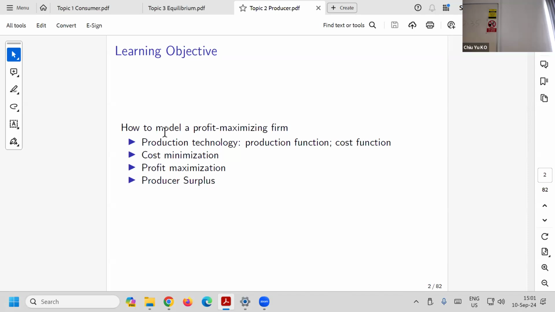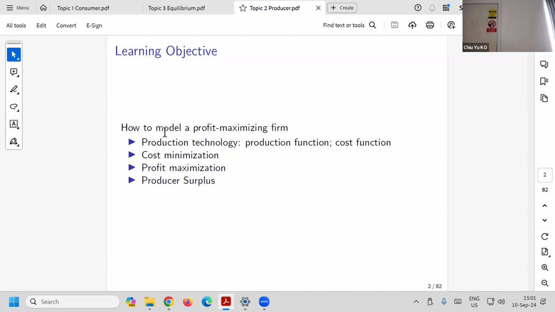Okay. And again, we have two types of problem. But they are not dual to each other. These two here, we're talking about a constrained problem and an unconstrained problem. Okay.